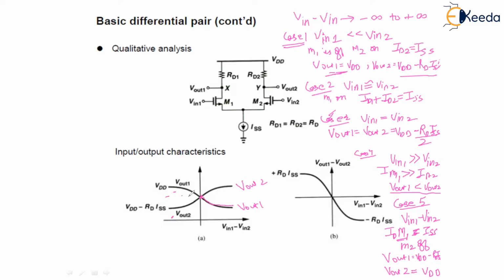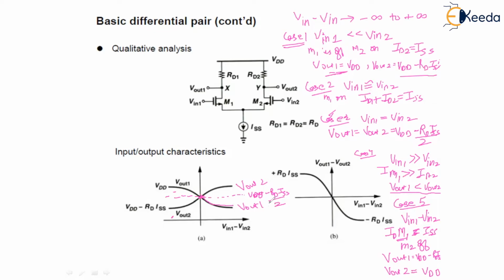This particular level I draw over here is equal to VDD minus RD ISS by 2.